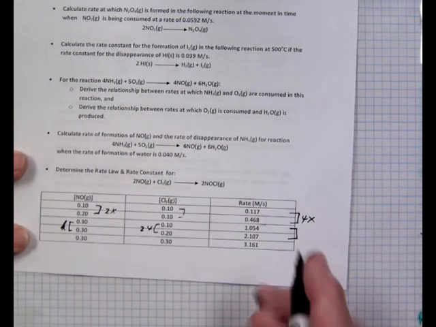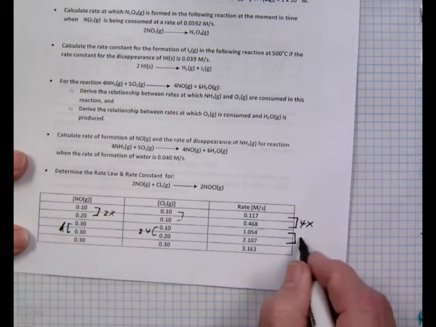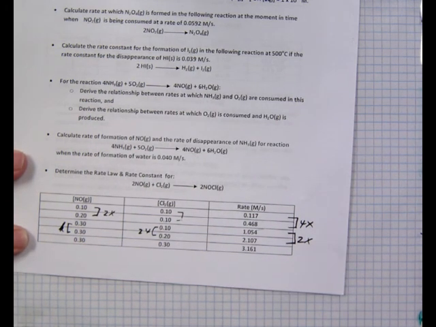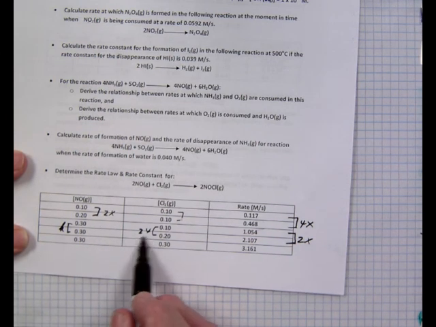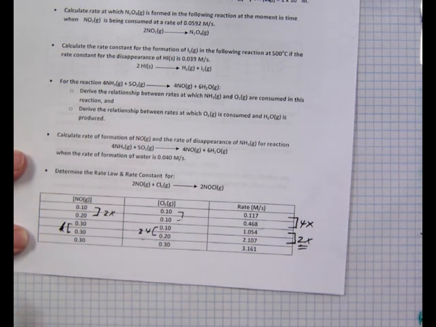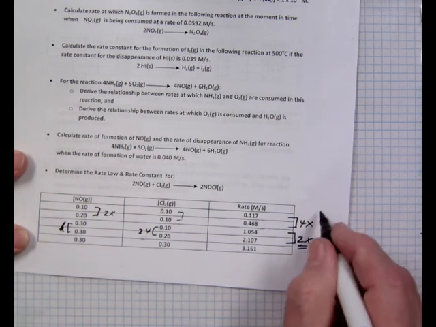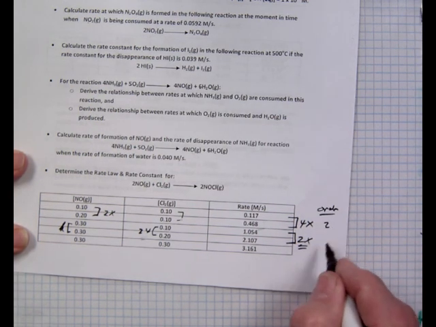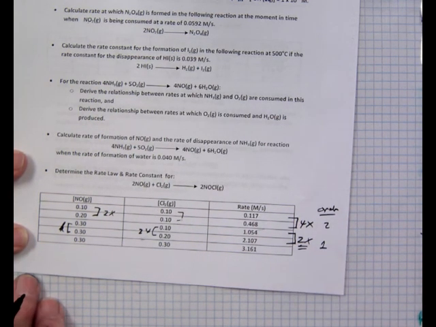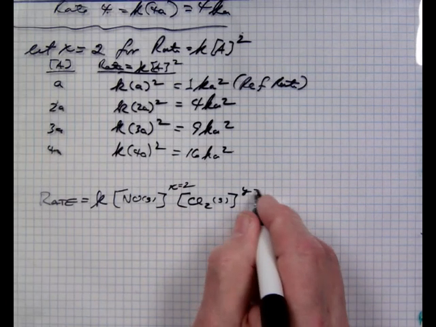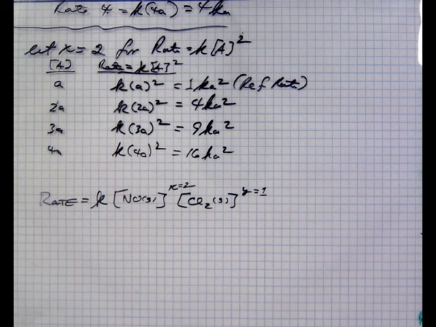In this case, that looks like a 2x increase in rate. So if we double concentration and we have a double rate, our order of reaction is first order. And so we assign a 1 to that.